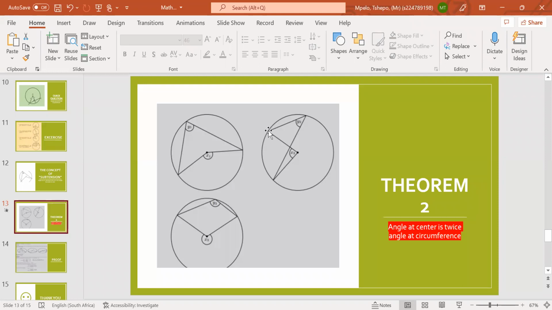If the angles are subtended by the same arc, one at the center and another on the circumference, we expect the angle at the center to be twice the angle at the circumference. So if the angle at the center is 60 degrees, we expect the angle at the circumference to be half of 60, which is 30 degrees. Understood?